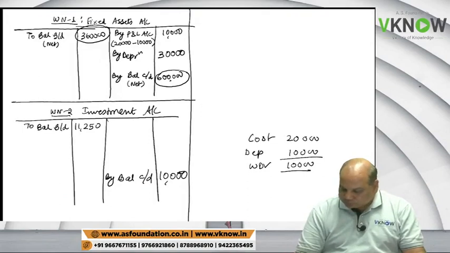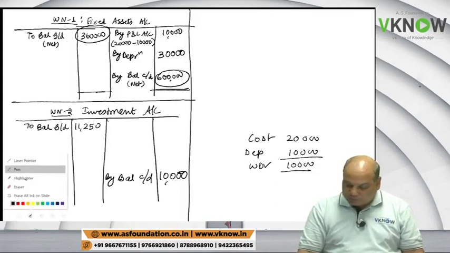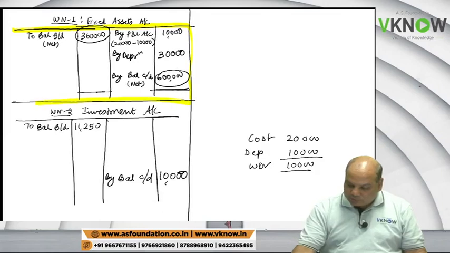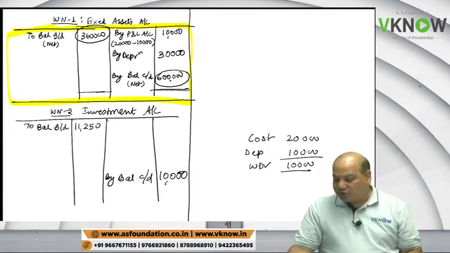Now check whether this fixed asset account is tallying or not. So everybody will participate and tell me if there is a difference in the fixed asset account. How much is that? And what will you call it?